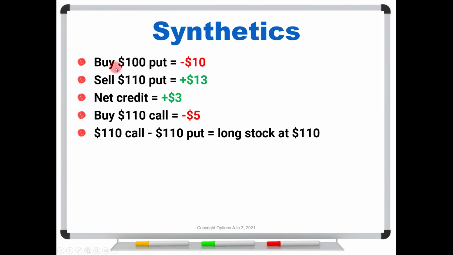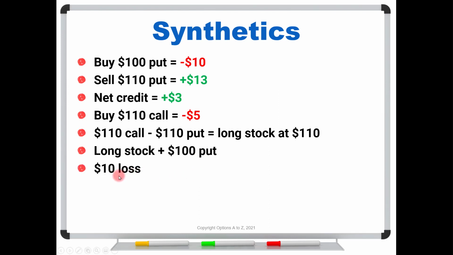Well, but I also have this $100 put that was in my account. So if I have long stock at 110 plus a $100 put, how much of that is a potential loss? $10, right? The stock could fall from its current price of 110 or its effective price of 110 all the way down to 100, and that's a $10 loss to me.